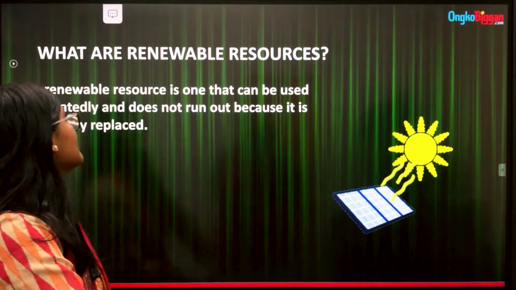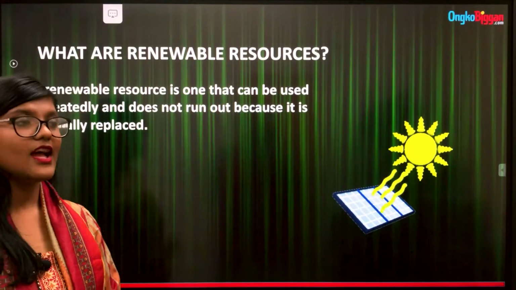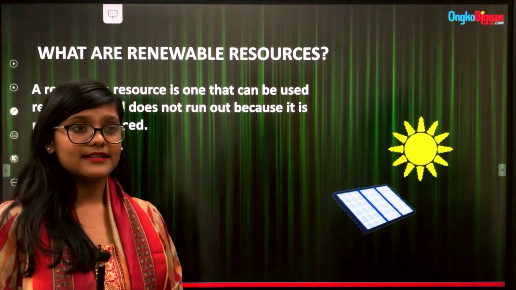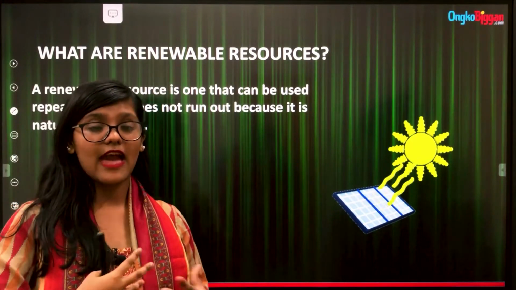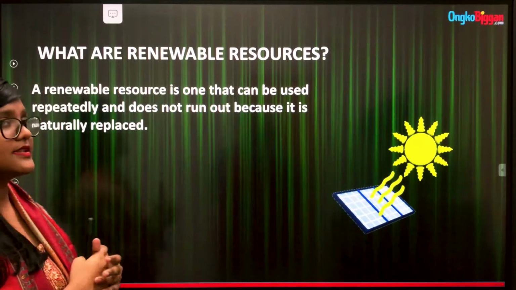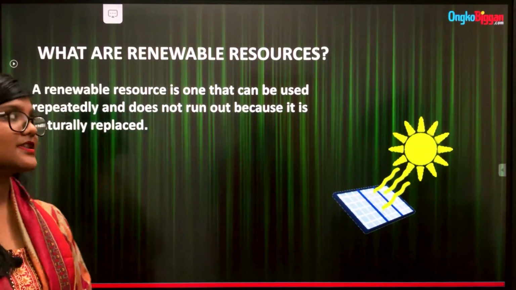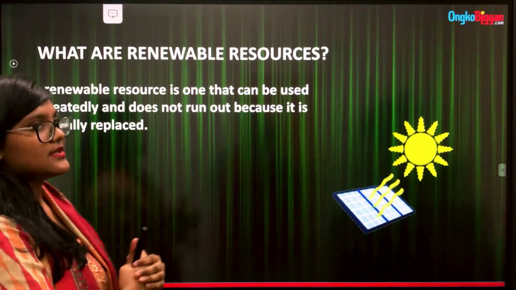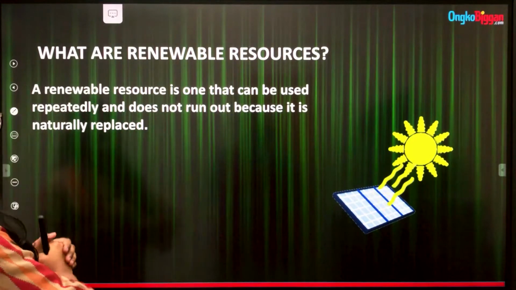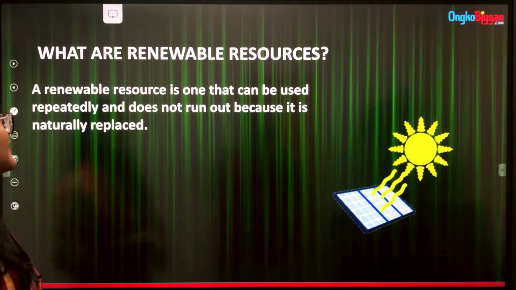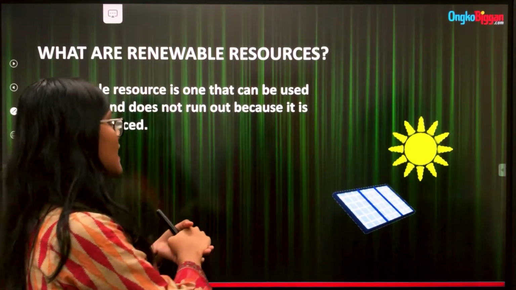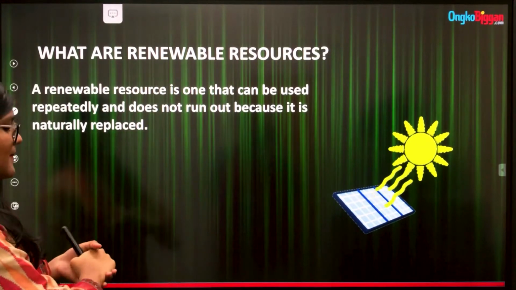So now we will talk about what are renewable resources. Basically, by the dependency of availability, we can divide resources into two types. One is renewable resource, another one is non-renewable resource. Firstly, we will see what are renewable resources. A renewable resource is one that can be used repeatedly and does not run out because it is naturally replaced.